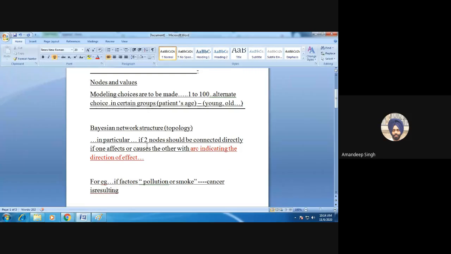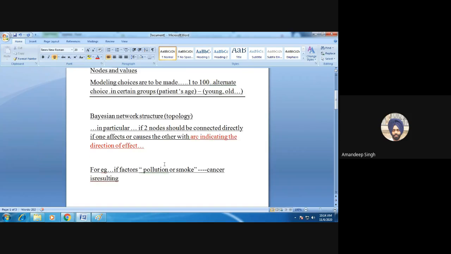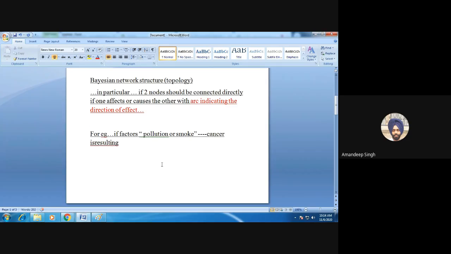And if there is a cause and effect relationship between the different nodes, then that should be reflected by connecting the nodes directly, with arrows indicating the cause or effects flowing from one direction to the other. The node from which the effects are carried forward is called the parent node, and the node to which the effects are carried is the child node.